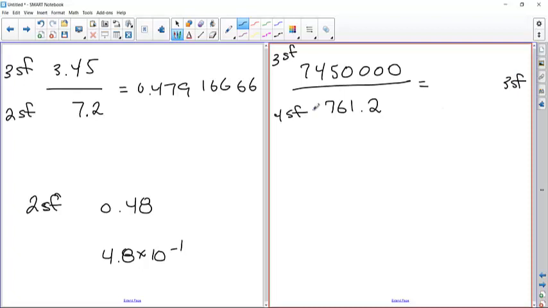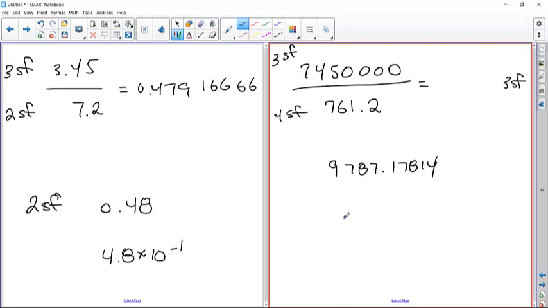And then all we have to do is just plug into our calculator. Our calculator would say 9787.17814. So we need 3 significant figures. The way we would do that is, again, this one's going to be a little tricky because if I round this up, well, no, that'll be fine.